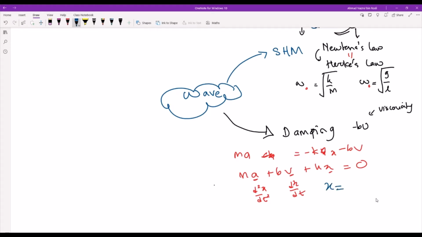Compare here: x is equal to A, the amplitude, cos(omega t plus psi). This is the basic form; sometimes you can use sine. It's still oscillation, meaning it oscillates up and down and doesn't stop. That is the theory, which is why I call it simple harmonic motion. It's easy to calculate what happens to the system.